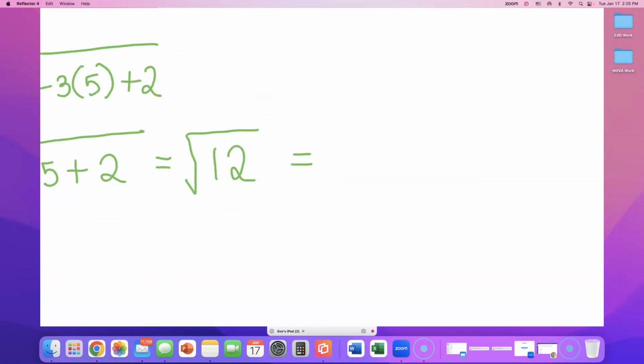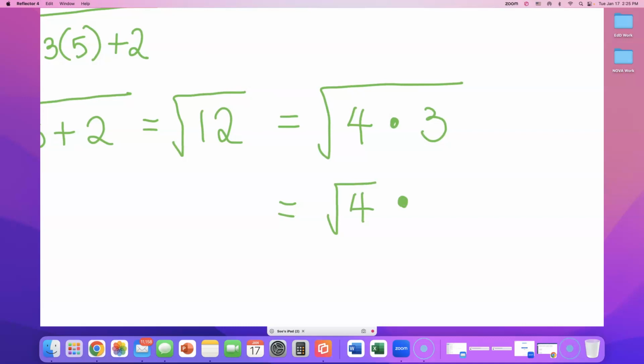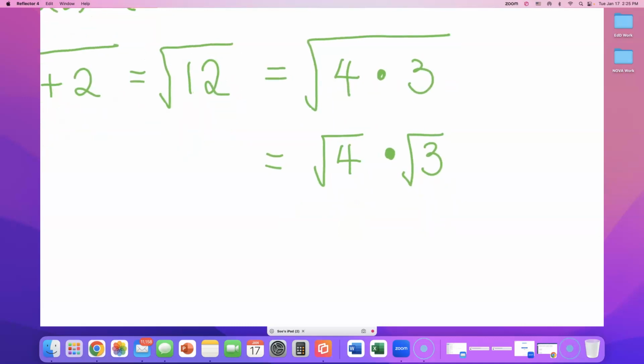So you can break down 12 as 4 times 3, right? Because we can now say this is the same thing as square root of 4 times square root of 3. We know that square root of 4 is just 2, but square root of 3 is an irrational, so we'll just leave it in the square root.